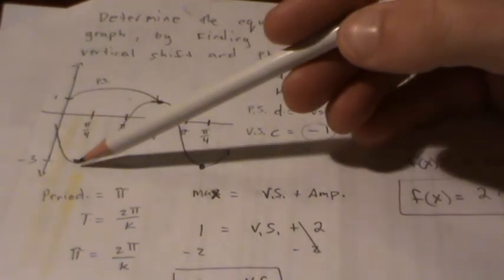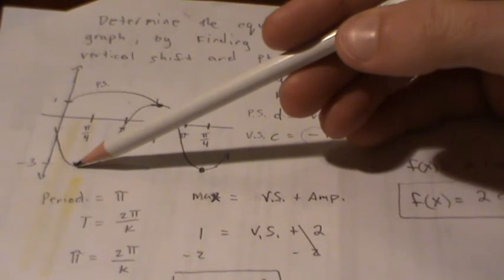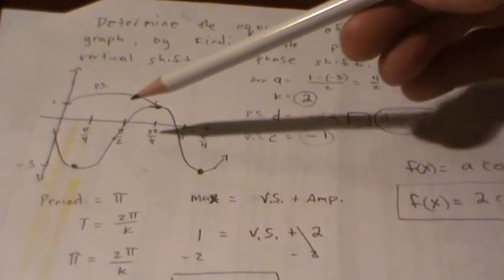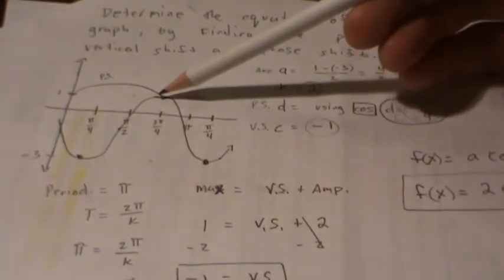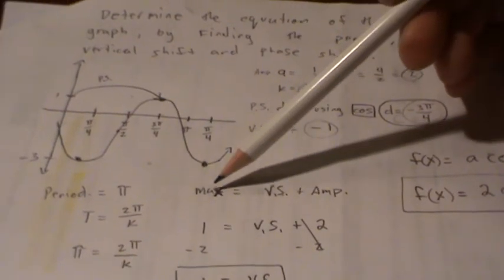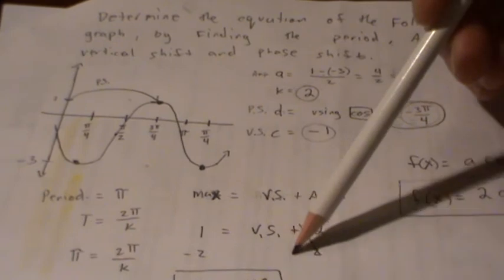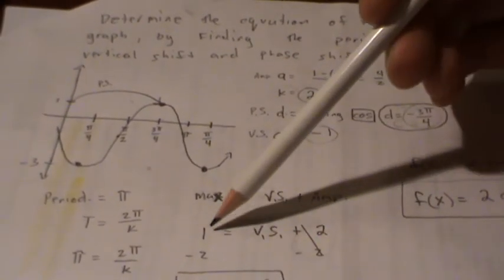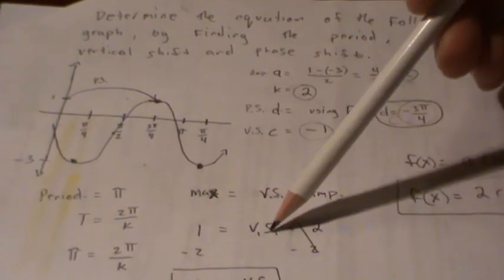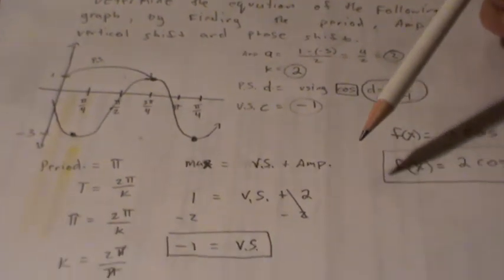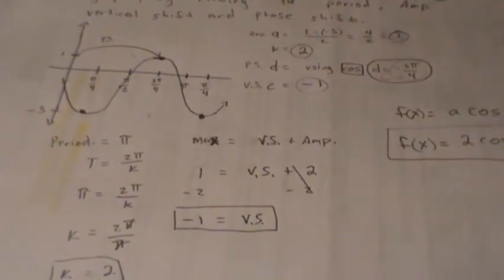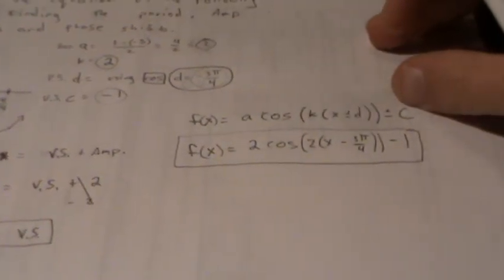And then for the vertical shift, go with this equation: the maximum is equal to the vertical shift plus the amplitude. Plug in the amplitude, plug in the maximum, solve for vertical shift, and you end up with a nice equation.